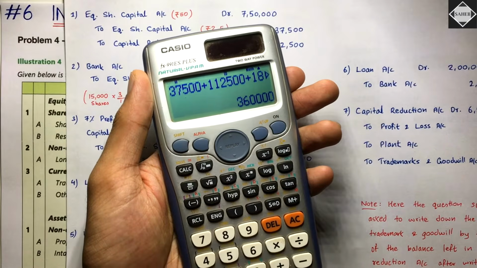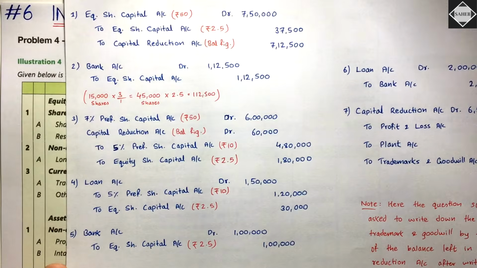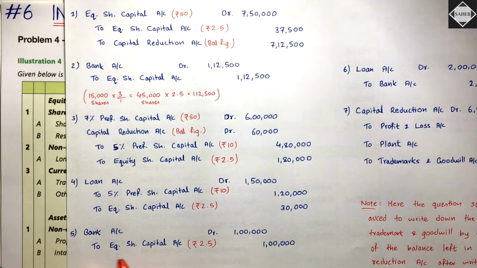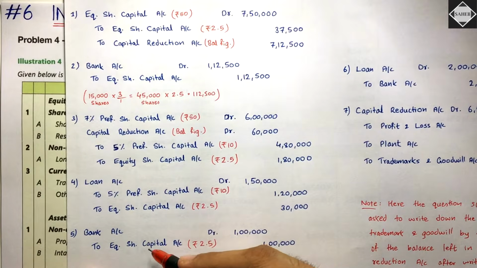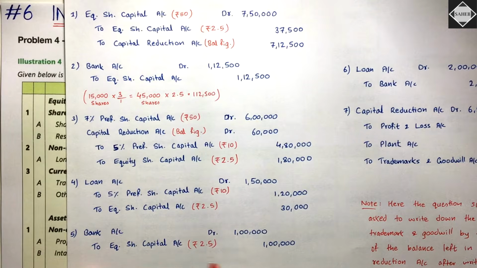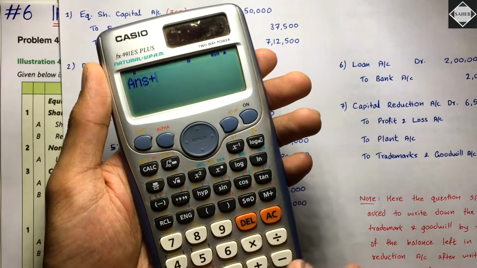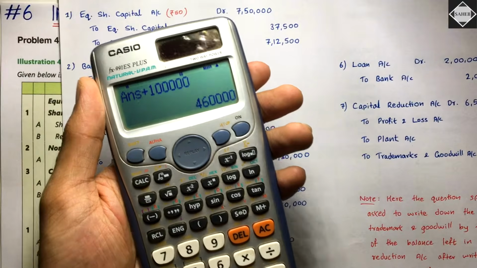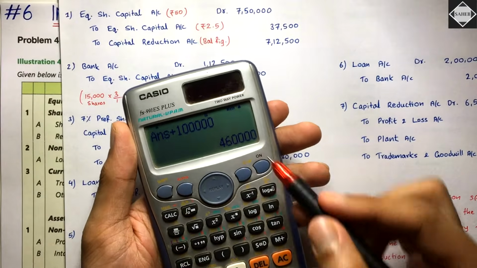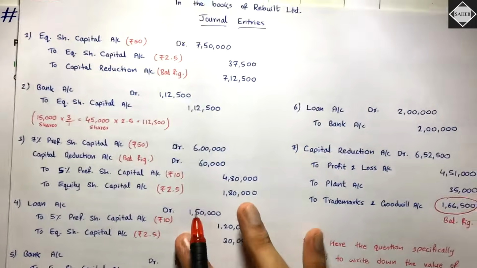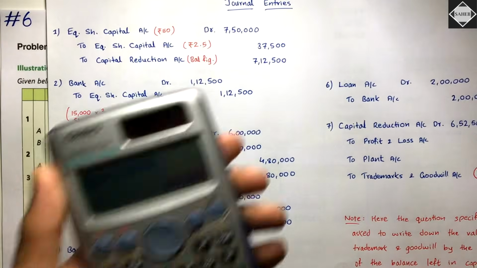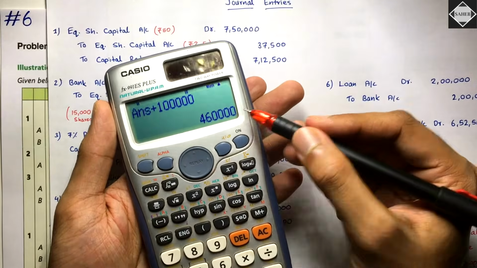That's equal to 3,60,000. Is there anything else? Yes, we issued shares to directors in the fifth entry, that's 1 lakh, so plus 1 lakh. That's equal to 4,60,000 equity share capital. Is there any more? No, that's all. So 4,60,000 is the new equity share capital.